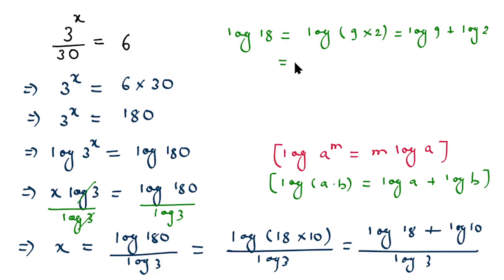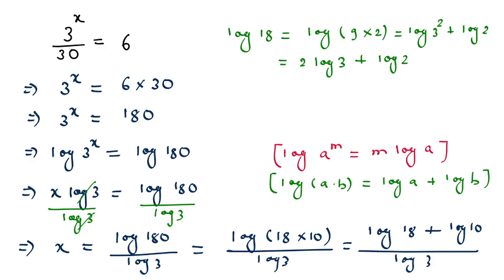Okay, and 9 we can also write as 3 to the power 2. So using this formula, I can write 2 log 3 plus log 2. If we somehow know the value of log 2 and log 3, we can put the value, then we can get log 18.